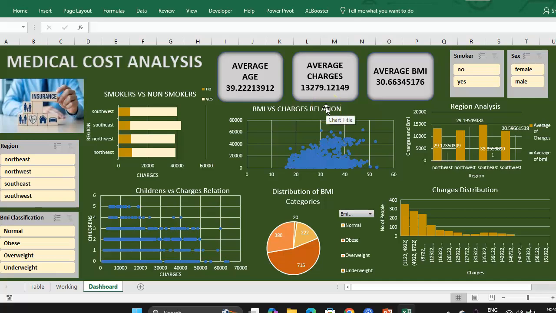The dashboard also contains smoker versus non-smoker, BMI versus charges relation, regional analysis, children versus charges relation analysis, distribution of BMI categories, and charges distribution histogram. These visualizations provide stakeholders with an interactive way to explore medical costs better.